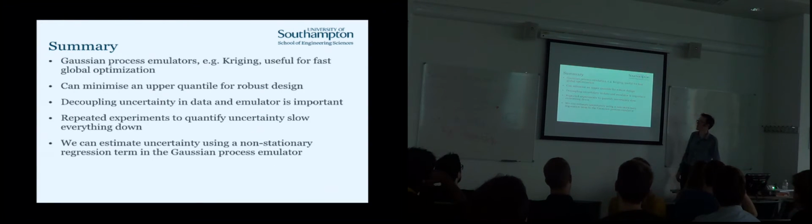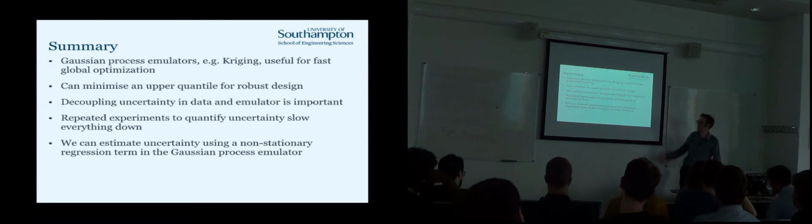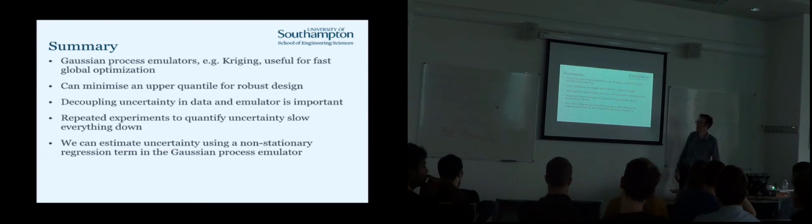Okay, so in summary, Gaussian process is good. For robust design, you can use the power of the GP to create quantiles, and you can use that for robust design. Just the same way as expected improvement being so successful, this expected quantile improvement can be used as well, I think.